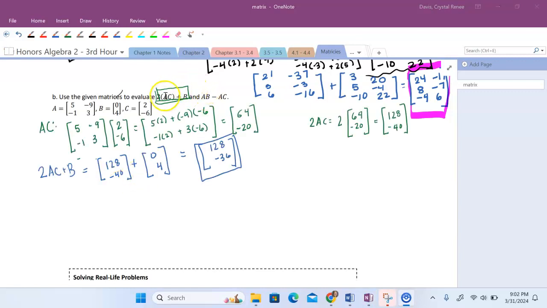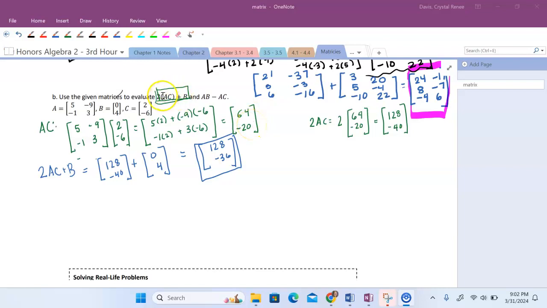All right, if we're just looking at 2AC plus B, the first thing we're going to do is multiply A times C. So matrix A times matrix C, and this one wasn't that bad since this was just a 2 by 1 and a 2 by 2. So when I multiply A times C, I just get 64 over -20.